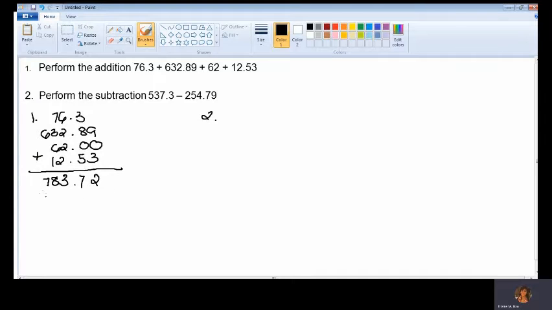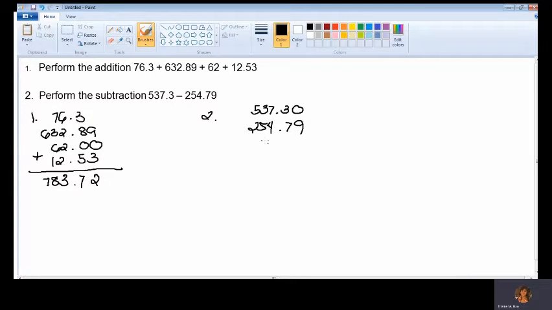Same as we did in addition, we're also going to line up the decimal points and then fill in with the zero when necessary. So 537.30. Since the other number, the subtrahend, has two decimal places, that's why we add 0 in here.